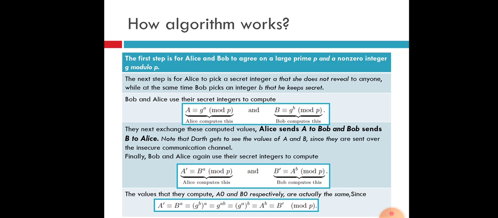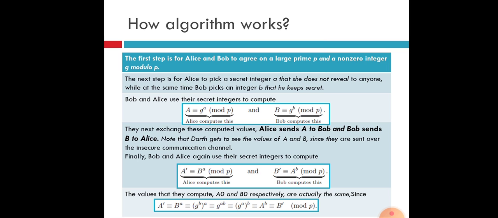We apply this equation: A is equal to g raised to a mod p, and B is equal to g raised to b mod p. Next, they exchange these computed values.